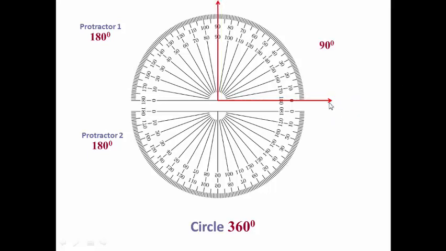Another example: if I have 10 dashes, 20, 30, 40, 50, 60, 70, 80, and finally 90, I have 90 degrees.